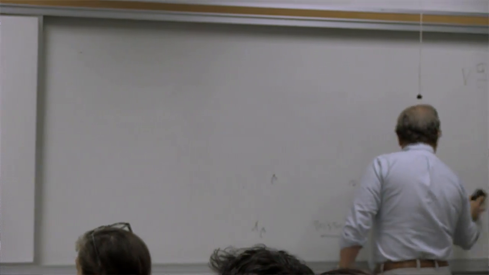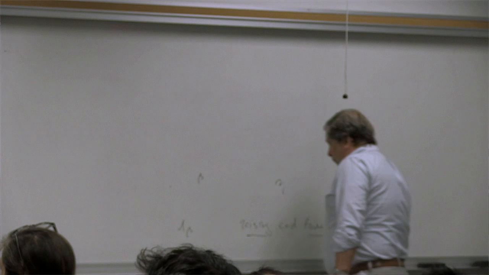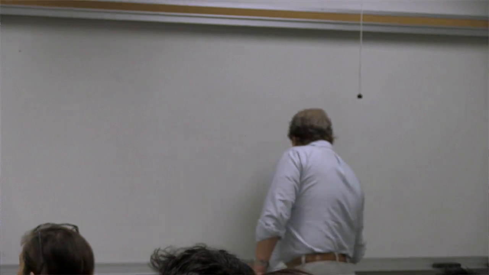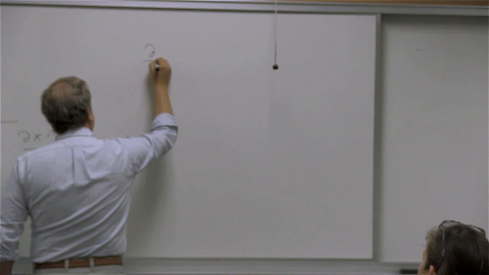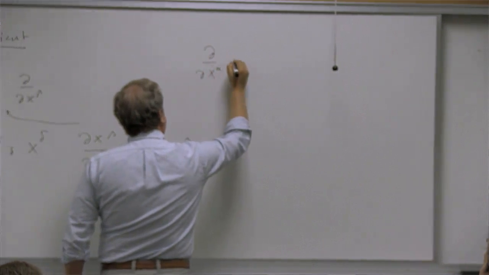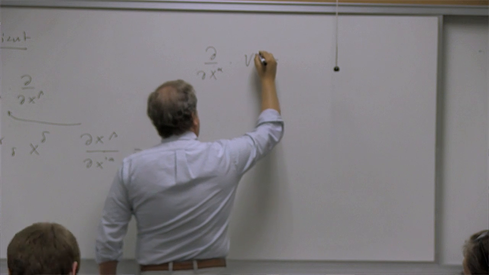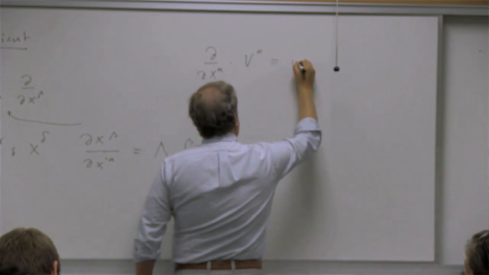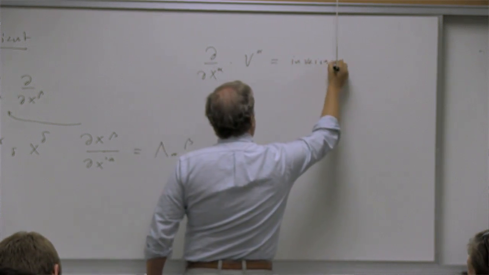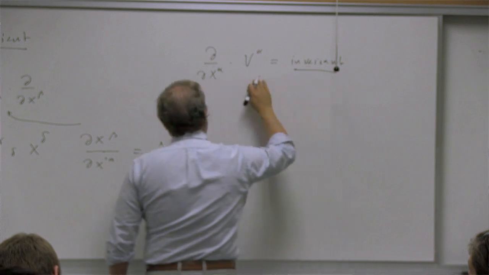Contravariant meaning that the index is upstairs. So that means that d by dx alpha times v alpha, this is invariant.